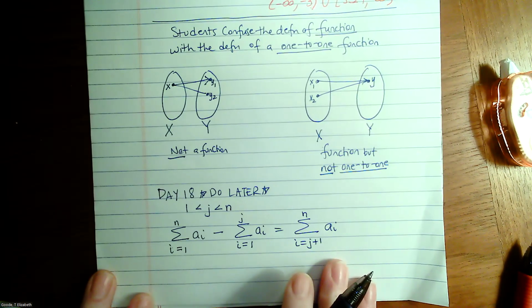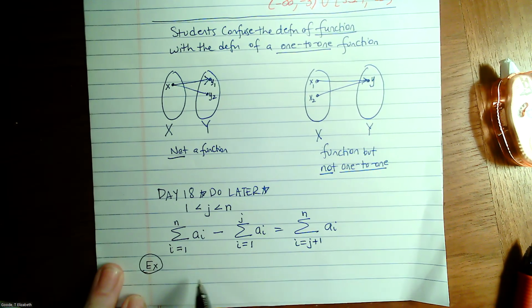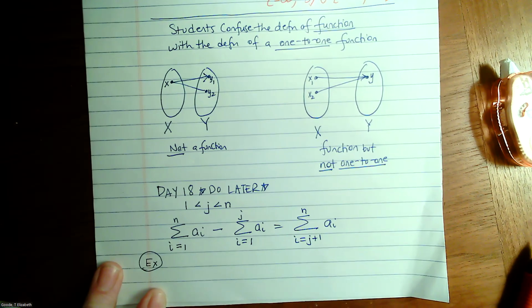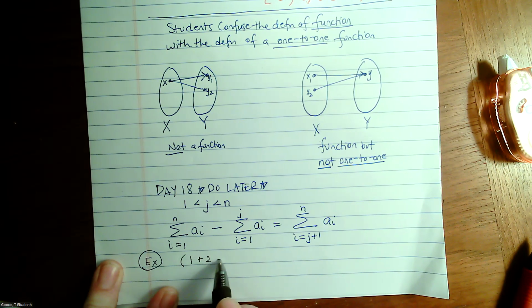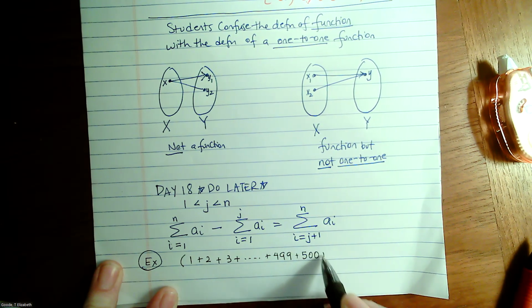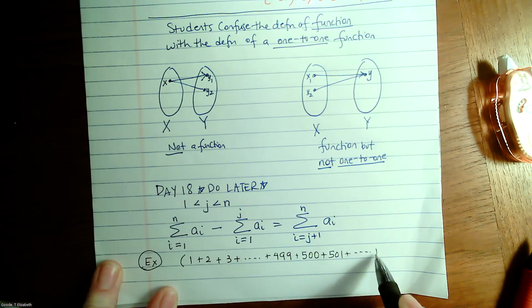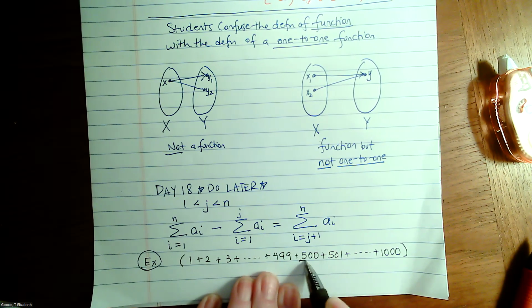So what I'm talking about there is this. Here's an example. If we have a sum like 1 plus 2 plus 3 plus dot, dot, dot, up to 499 plus 500 plus 501 plus dot, dot, dot plus 1,000, but maybe we were only asked to find this sum from 500 to 1,000.